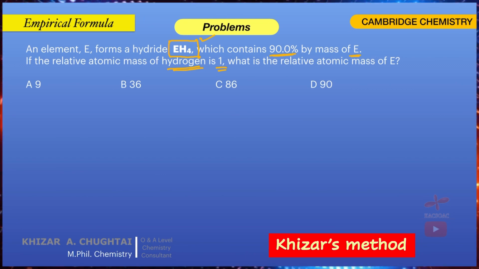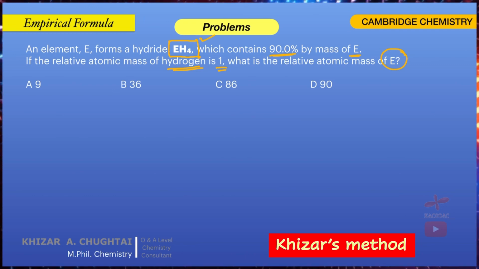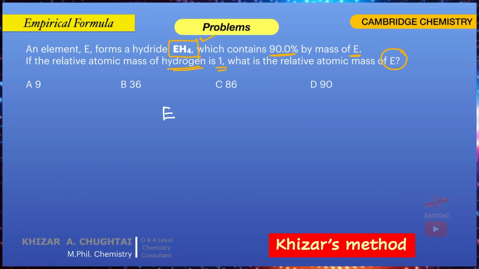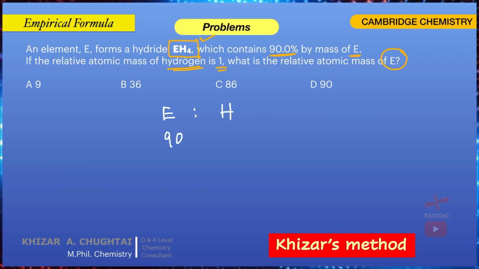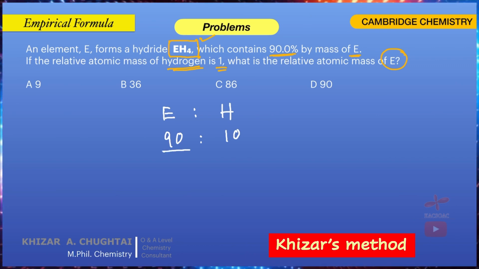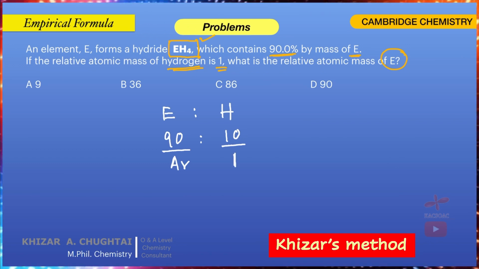What is the relative atomic mass of E? I am going to write the similar step. E ratio hydrogen. The percentage by mass of E is 90%, and hydrogen will obviously be 10%. 90 divided by AR, that is yet unknown, and the AR of hydrogen is 1.